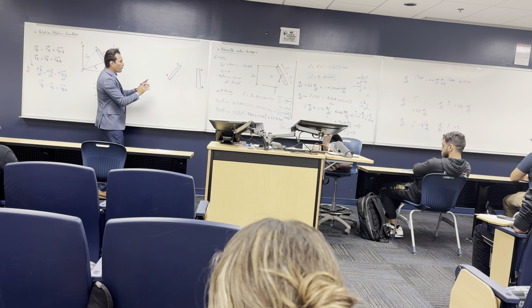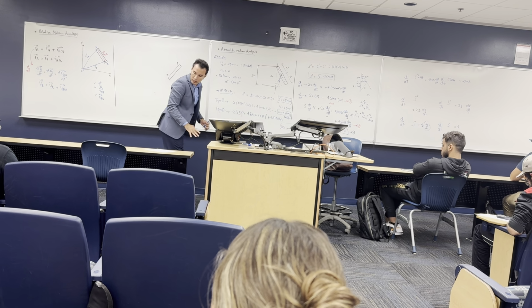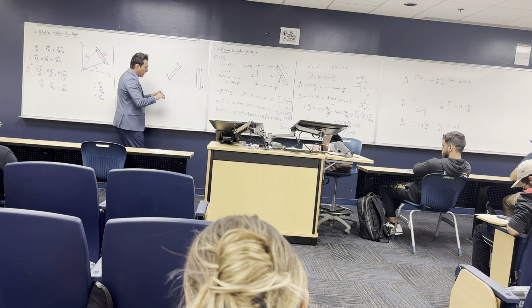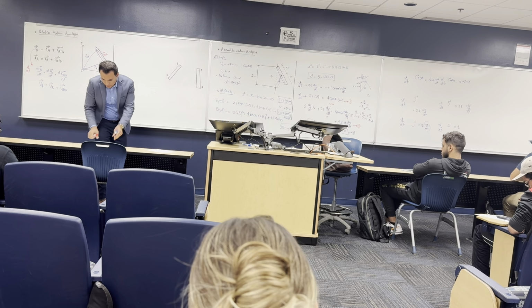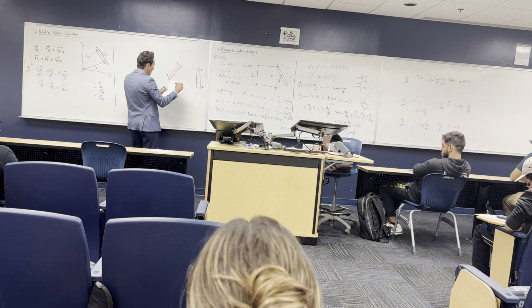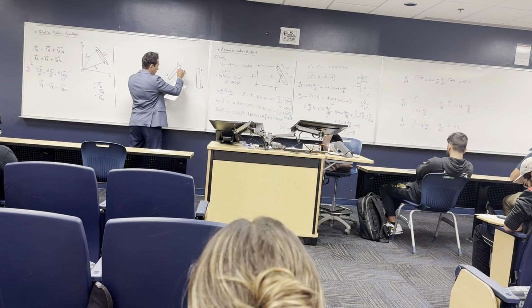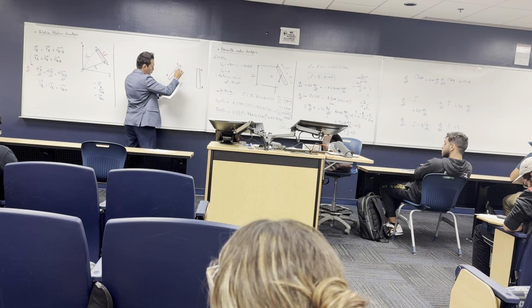How can I do this? If we look at the general one, let's say that the A motion was something, for example, like this. Like A was moving this way.